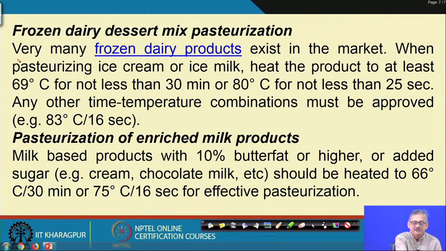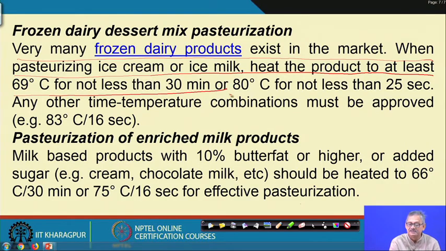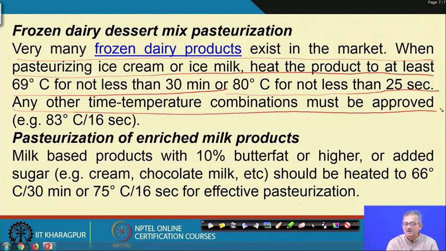So, very many frozen dairy products exist in the market. When pasteurizing ice cream mix, heat the product to at least 69 degrees centigrade for not less than 30 minutes or 80 degrees centigrade for not less than 25 seconds. Any other time temperature combination must be approved, for example, 83 degrees centigrade for 16 seconds, etc.